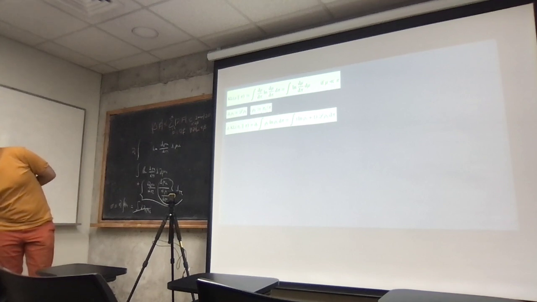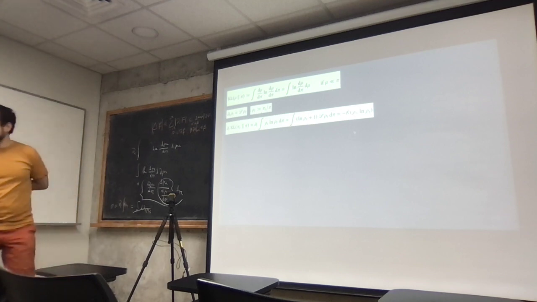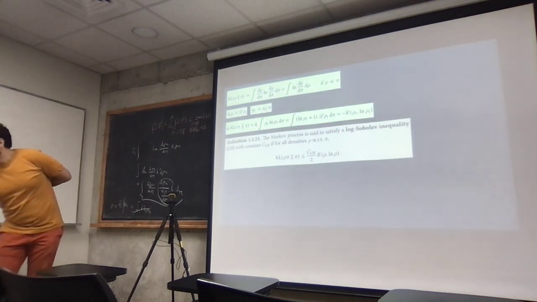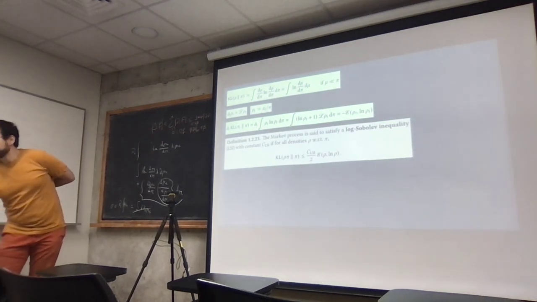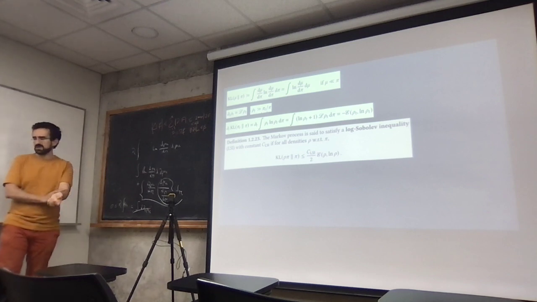You can use the equation here, and you get this. And actually, this is defined to be like the energy, kind of a minus energy associated to your Markov process, which is the same kind of energies that we saw last time. And then in that case, this is what they define to be the Log-Sobolev inequality for a Markov process.